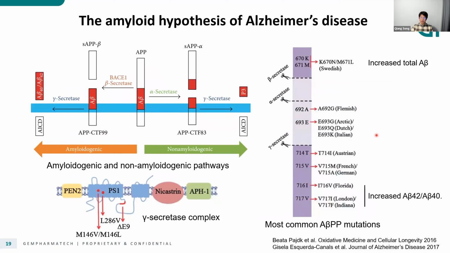And we all know that mutations in the PSEN1 gene lead to generating different A-beta polypeptides. And APP mutations can increase the A-beta levels, and some mutations can increase the ratio of A-beta 42 to A-beta 40, which is an important marker for AD pathology.